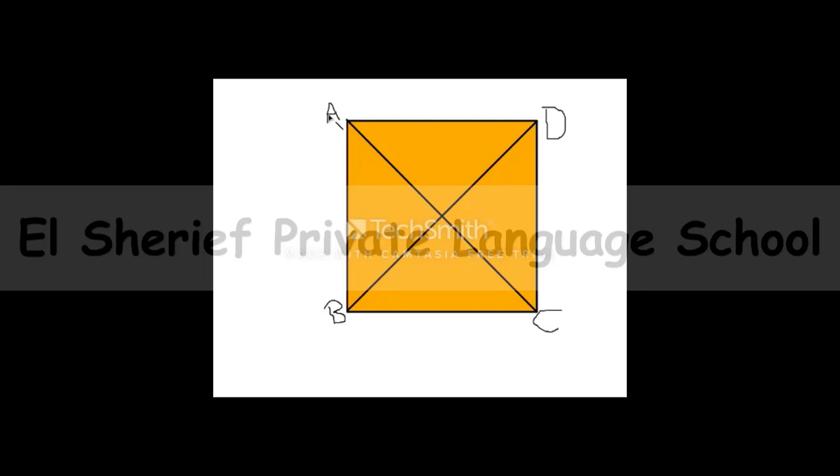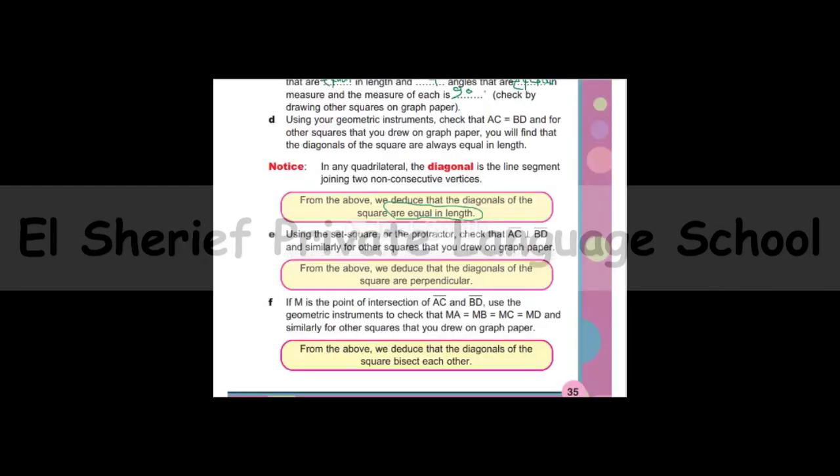It means that AC and BD are perpendicular. So two diagonals in square are equal in length and perpendicular. Back to your student book. We deduce that the diagonals of square are perpendicular, and keep that.